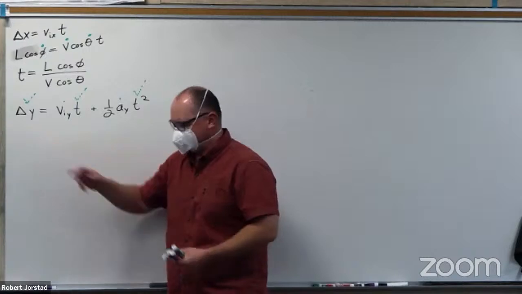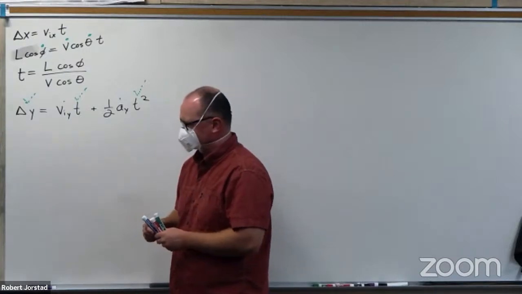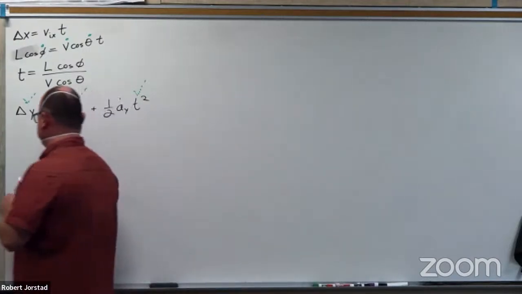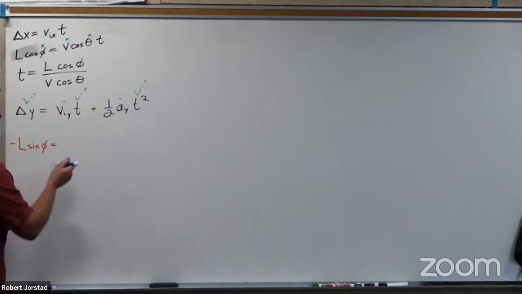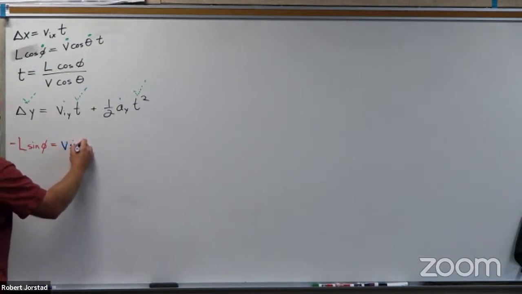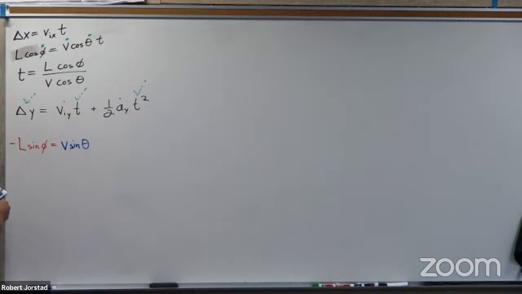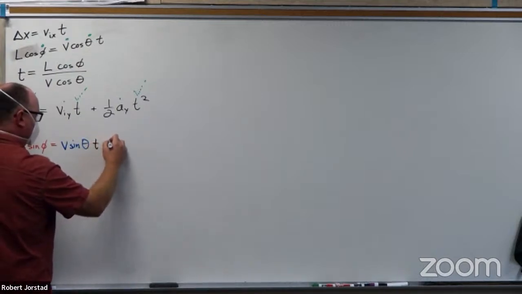What was delta y? Negative sign. Negative L sine phi. The initial y is v sine theta. I'll just leave this at t for right now.